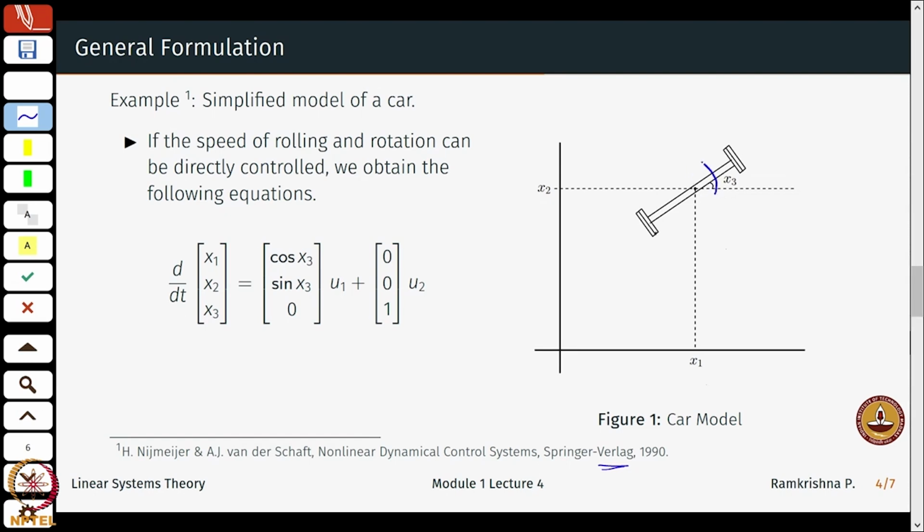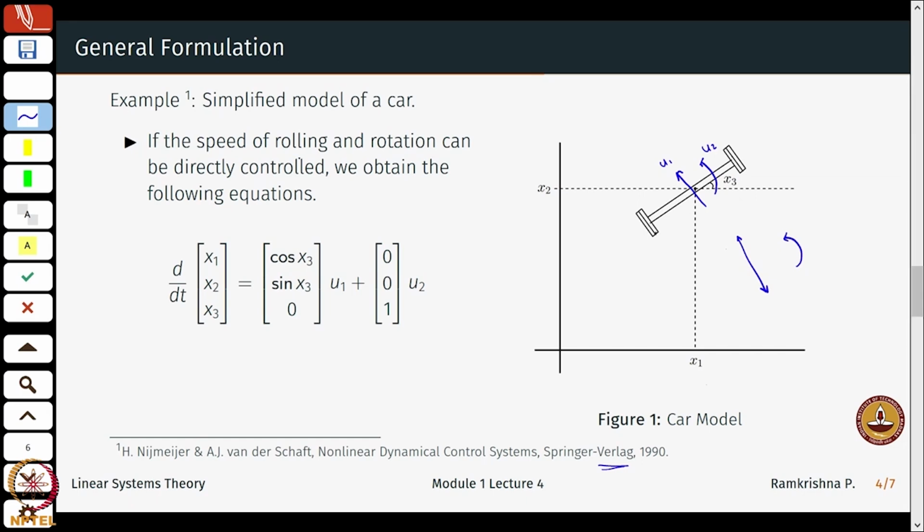One is the rotation, which I will call u2, and then one is just the translational motion, just u1 here. What I am allowed is movements which are like this and also movements which are like this, and that will cover all the state space of my car, right. It can go anywhere in the R2 plane.